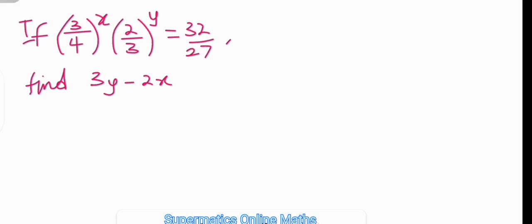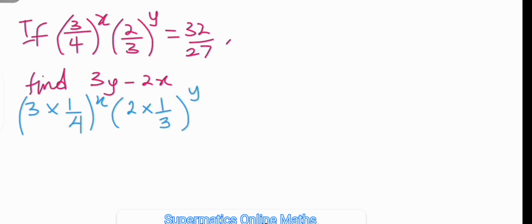I'll write the left hand side as 3 times (1/4)^x, multiplied by 2 times (1/3)^y, and the right hand side I'll write as 32 times 1/27.